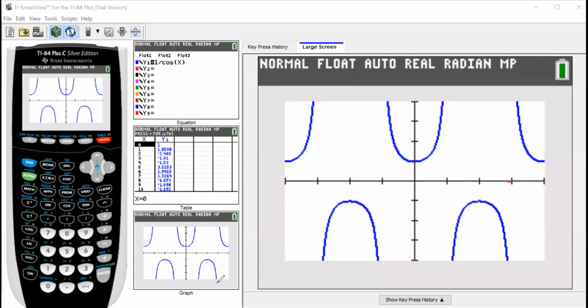Something I want to point out is, remember that with sine and cosine, we have this idea of amplitude and midline. Midline is the line going through the center of the function that the function oscillates above and below. And then the amplitude is the distance that the function oscillates above and below that value. Now with secant and cosecant, we don't have a value that the function is oscillating above and below.